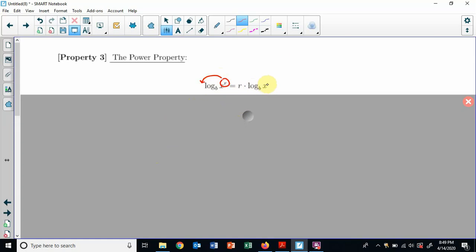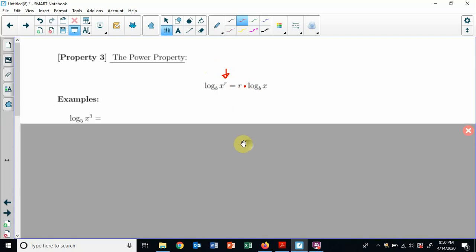Log base b of x, and that r has jumped down out front as a multiplication. So I'm able to take the exponent that's on the input, and move it out front as a multiplication. That's actually really useful when we're manipulating and moving things around, especially if you're trying to solve for x or solve for something. It saves a lot of stress if you're able to do that.